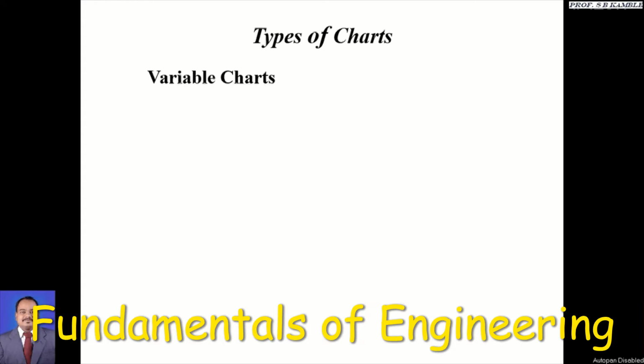One is variable charts, based on variable data, and the second is attribute charts, based on attribute data. Variable data is continuous data where we take actual measurements of the dimension of a specified part, and for attribute data we just check the conformance and non-conformance limit. So based on that we get two types of charts: variable charts and attribute charts.